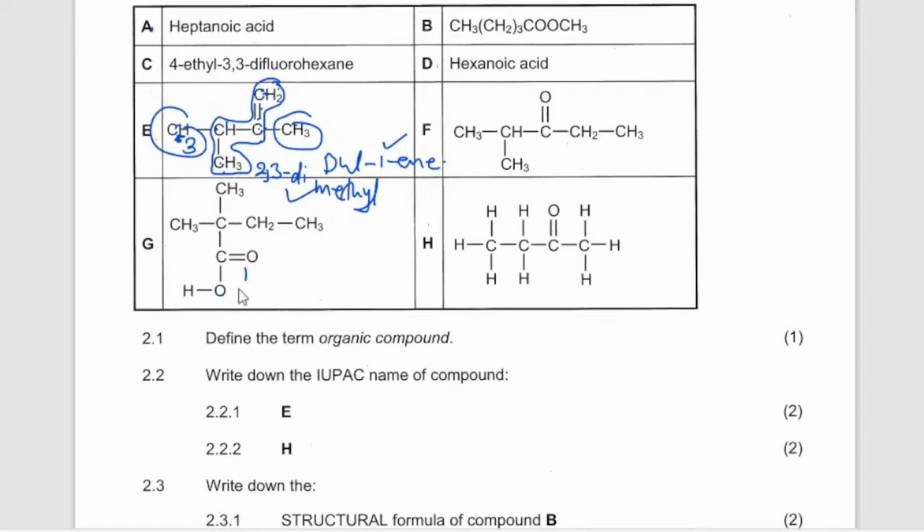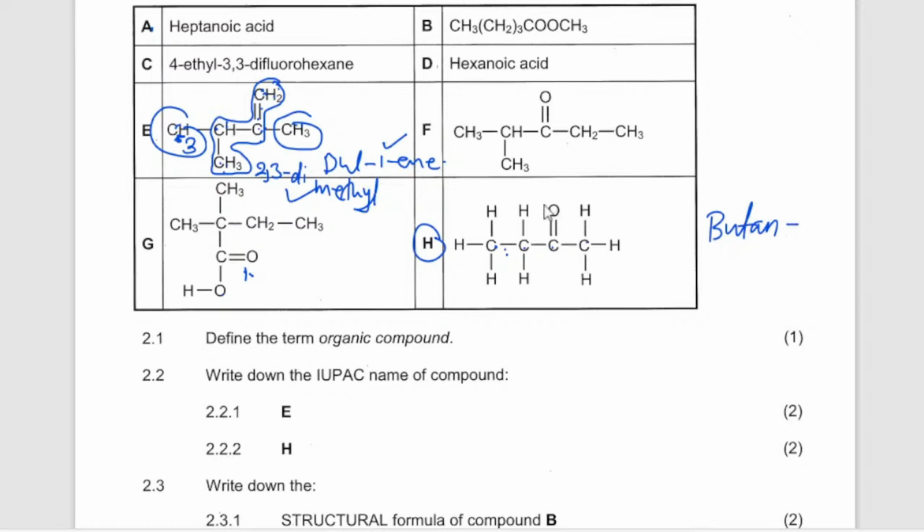Oh, no, they are not looking for this. They're looking for H. So this is a ketone. 1, 2, 3, 4, so it's going to be butane. Remember, I told you that when it's not an alkene, you have to write up to there.